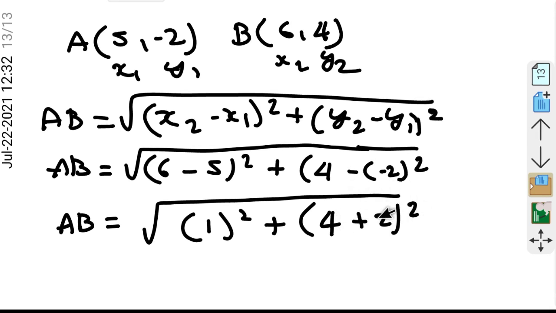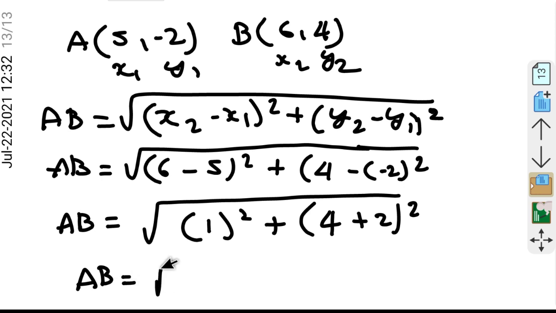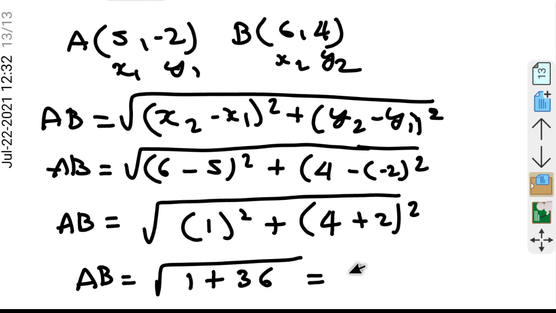Children, if you get two symbols at a time, write down in a bracket, multiply the symbols, and then simplify. Minus into minus is plus. Clear, children? So AB equals under root of 1 square is 1 plus 4 plus 2 is 6 square is 36. Therefore under root of 37 units.